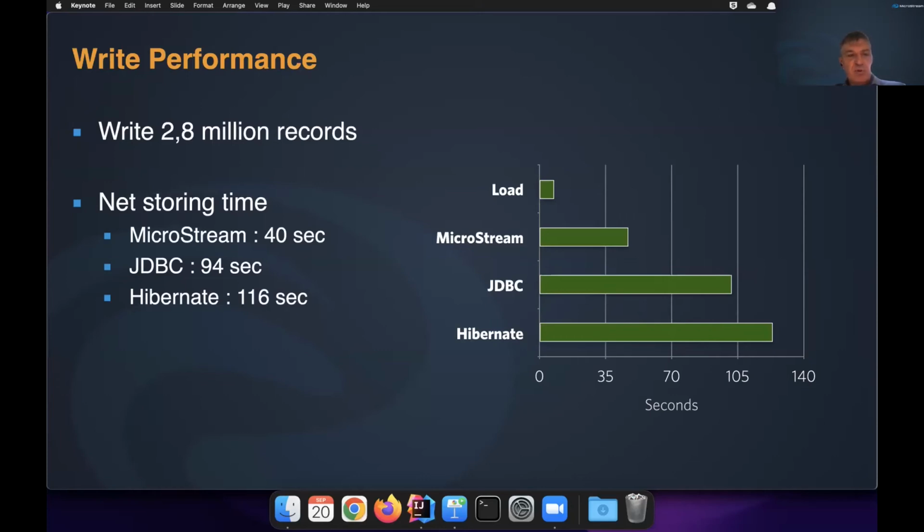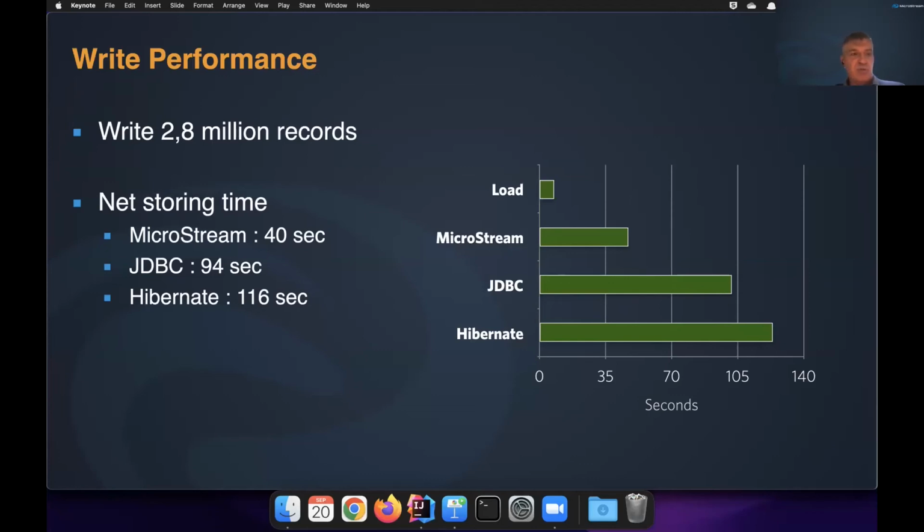Because if you're using JDBC to store it in a Postgres database, or Hibernate, then it is 94 or 116 seconds more to store those 2.8 million records. The main factors for that additional delay are, as I said, the latency to send it to an external system, and in this case, checking if the primary key value is unique.